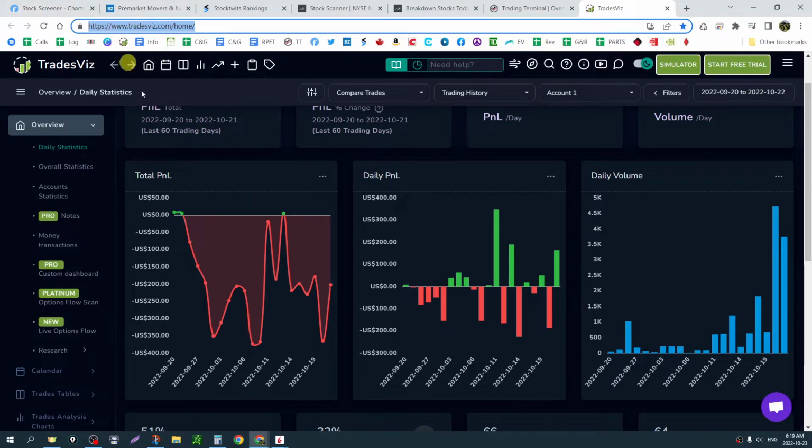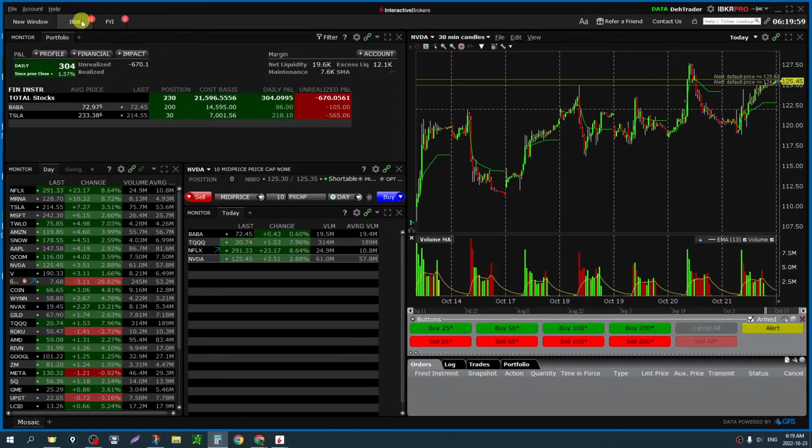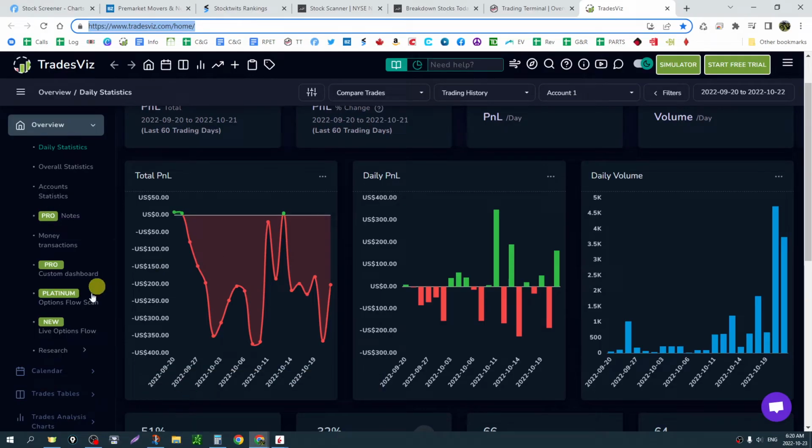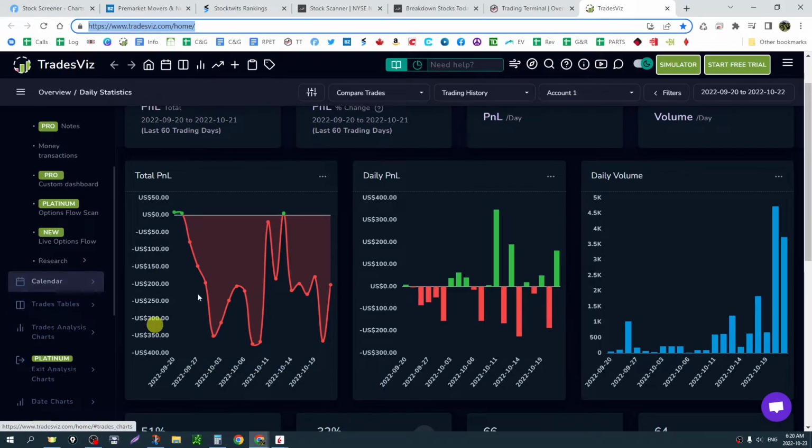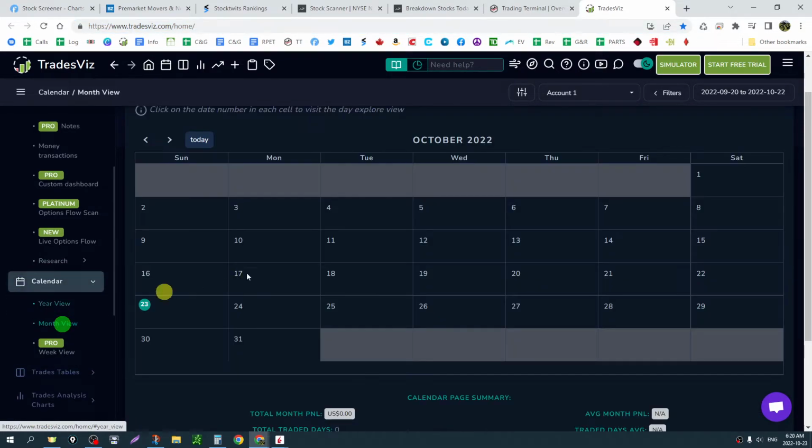I mean, Interactive Brokers has incredible reporting, really detailed. So if you're into that kind of stats, it's all there. So this is all importing my trades automatically, so I don't have to do it. And there's my calendar.